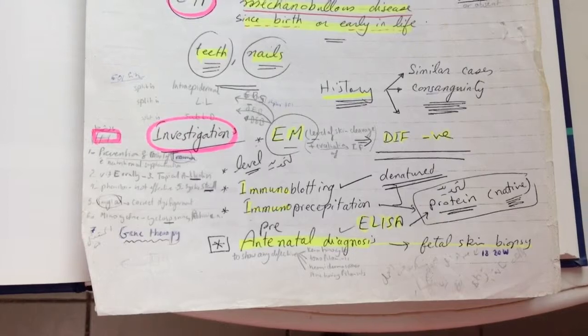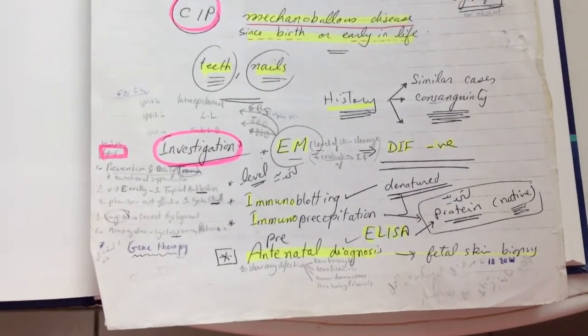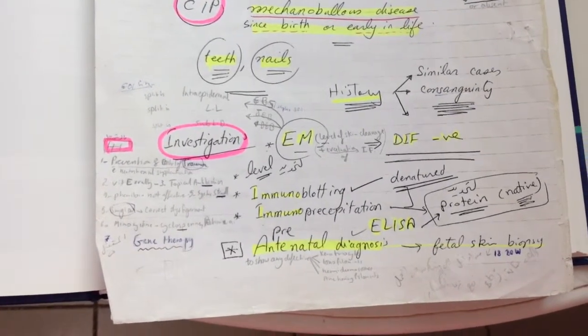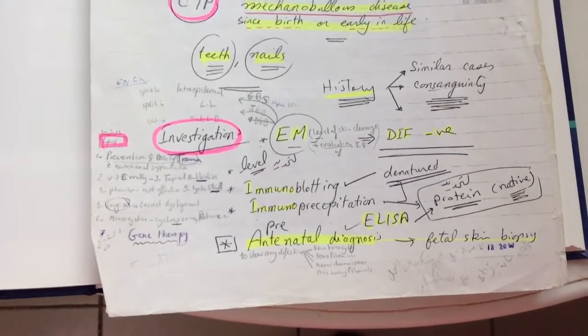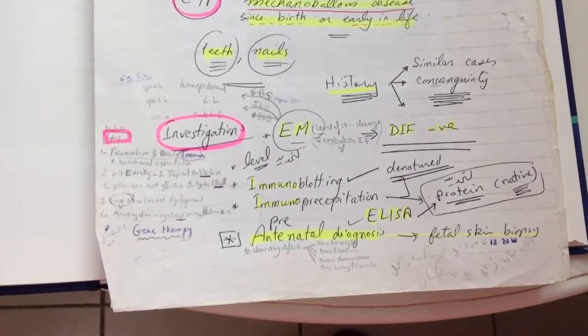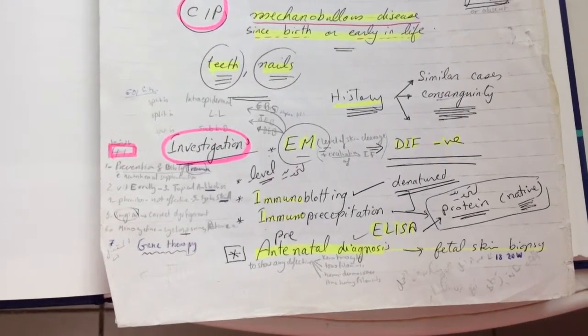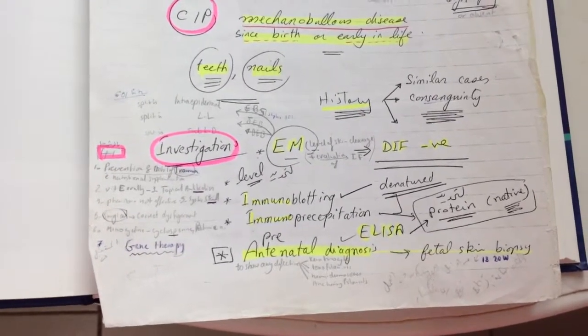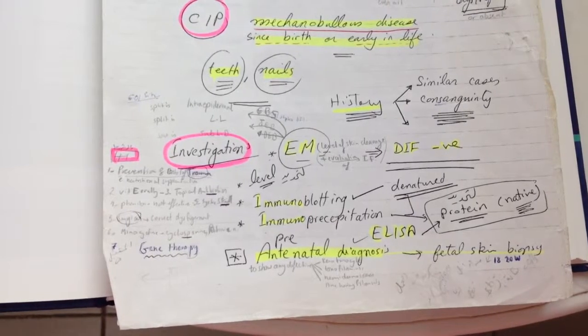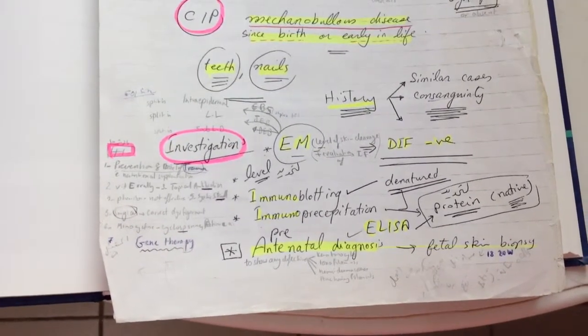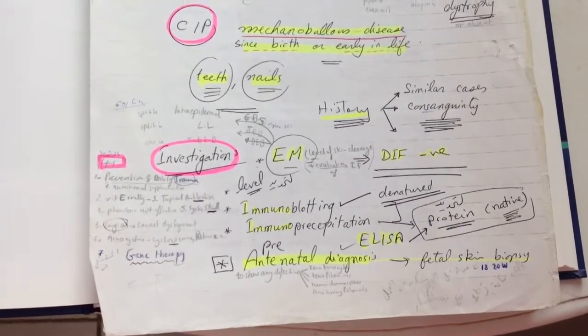Epidermolysis bullosa simplex is an intraepidermal defect, the junctional has a split in the lamina lucida, and in the dermal there is a split in the sublamina densa. So by electron microscopy, when the split is intraepidermal, it is simplex. Split in the lamina lucida, junctional. Split in the sublamina densa, dermolytic.